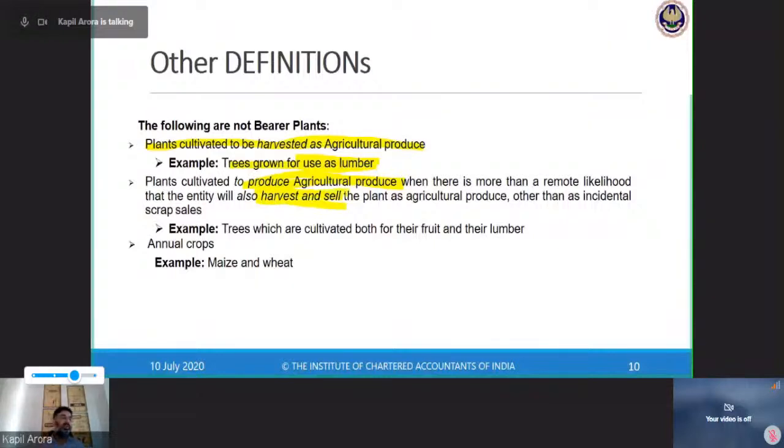I am growing fruit, but I can also use that plant for making paper or wood logs. That will also be considered as not a bearer plant. And at last, annual crops.